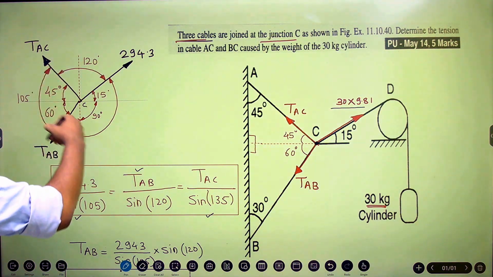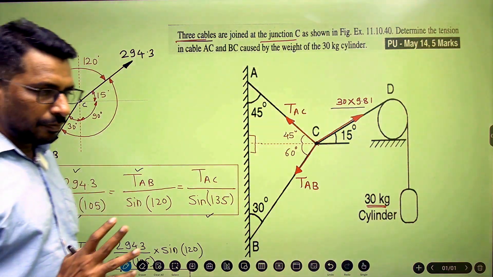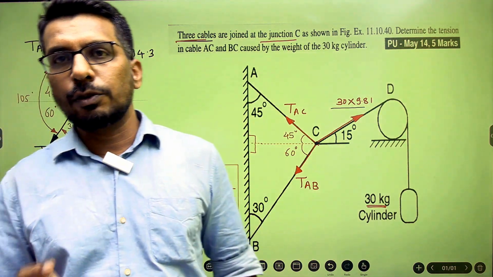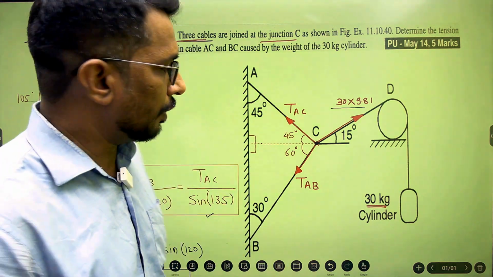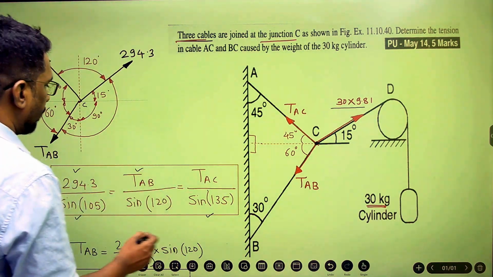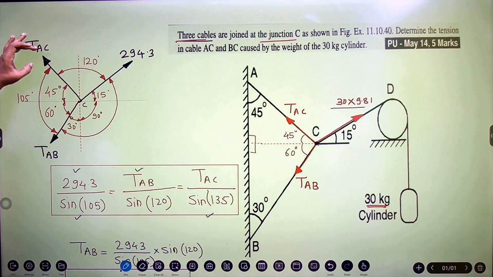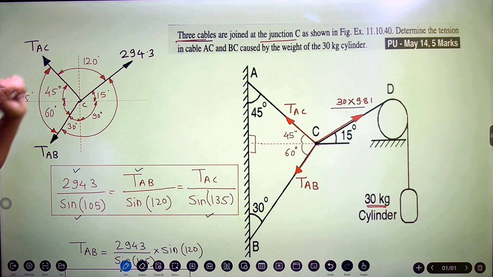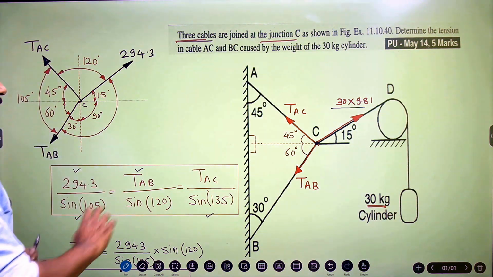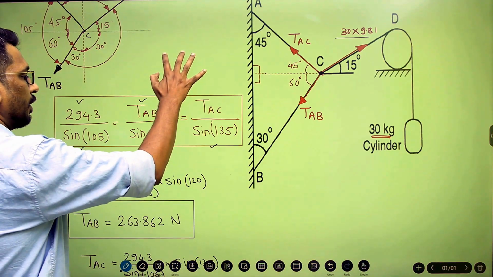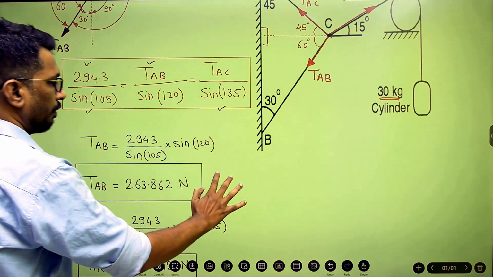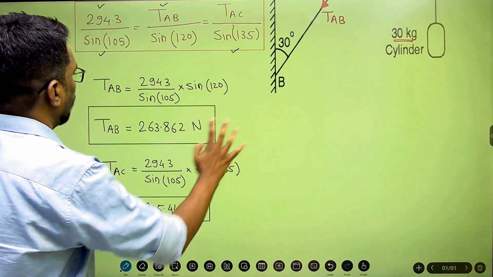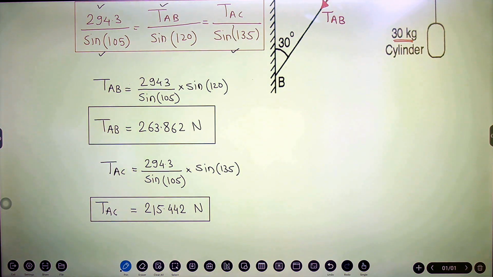After getting concurrent force system with the three forces, we have already studied how to apply the Lami's theorem in the previous session. So here I apply Lami's theorem, where we have considered TAB divided by sine of angle between other two forces. Similarly then TAC and angle between other two forces, and then we have solved this by equating the ratios, and we got the value of TAB and TAC.